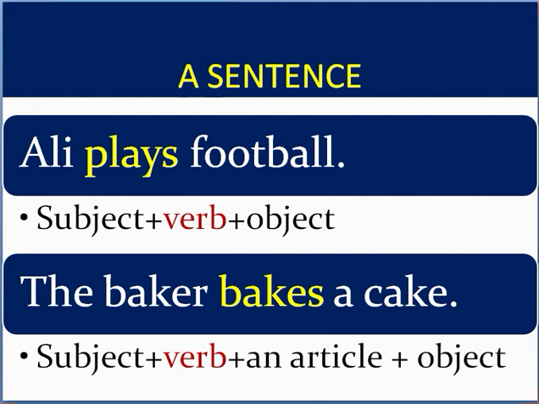Again, the baker is a subject or a noun. Bakes is a verb, which is performed by the baker, and an article, a, and then cake. That is another noun, name of a thing, and the object on which the verb or the action is taking place.